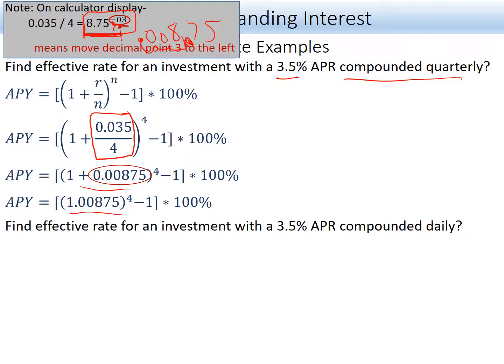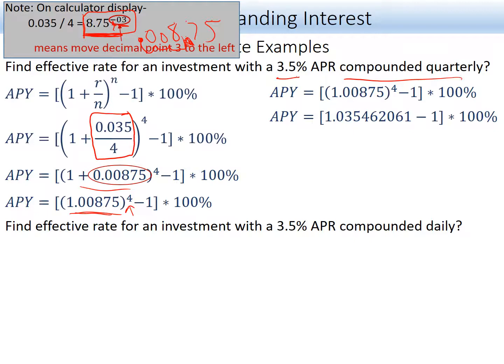Now you have to raise it to the 4th power. I've done this with the calculator on screen, but at this point you need to practice it yourself. You use the power button: write the base, hit the power button, type in 4, and hit equal. Then you have to subtract 1 from that.